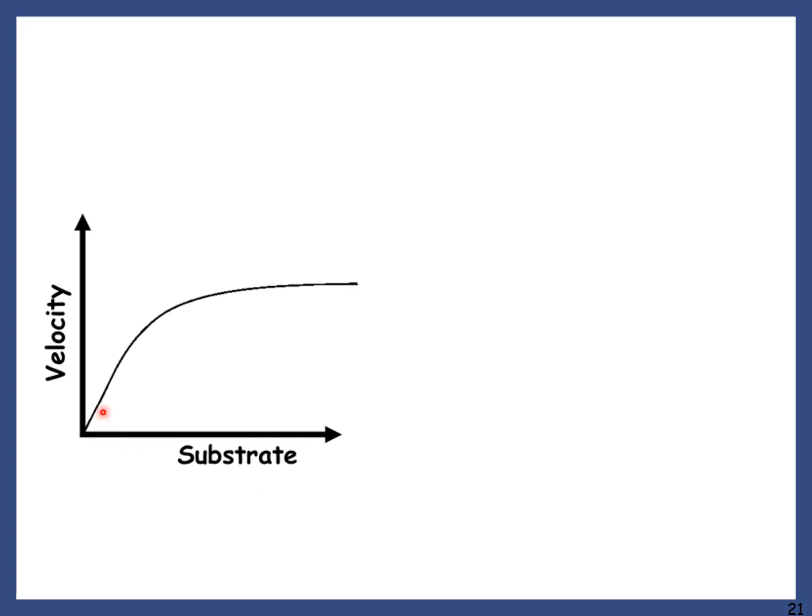The graph tells us that at the initial stages the velocity increases with the substrate concentration, and later on, as the substrate concentration reaches a certain threshold value, the graph plateaus off. That means the velocity no longer changes with the substrate concentration, and this is because in this region all our enzyme is occupied.